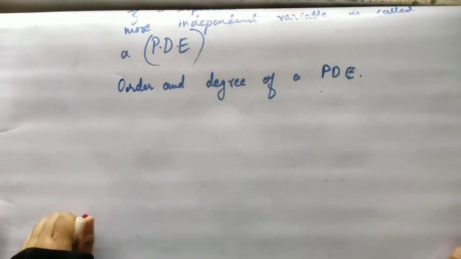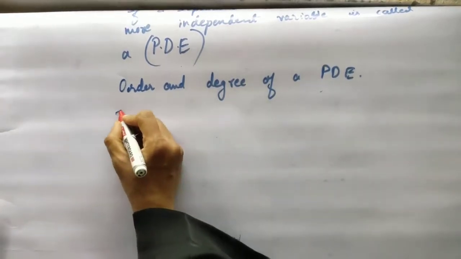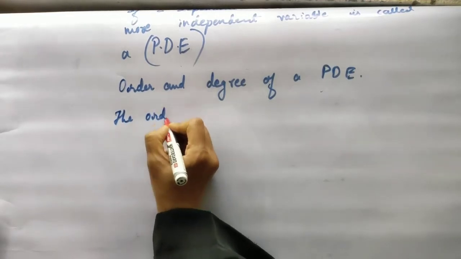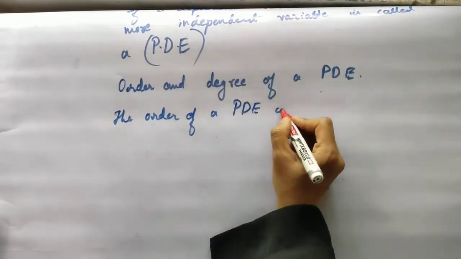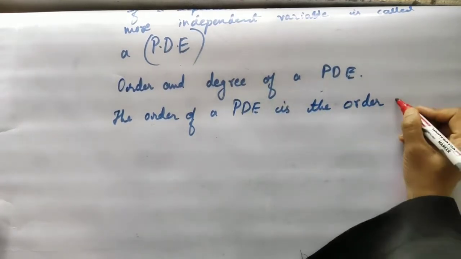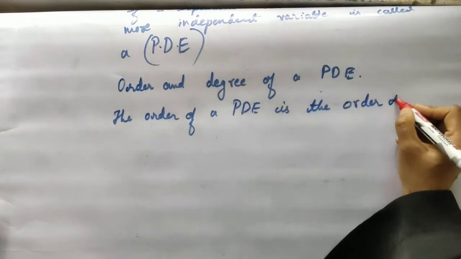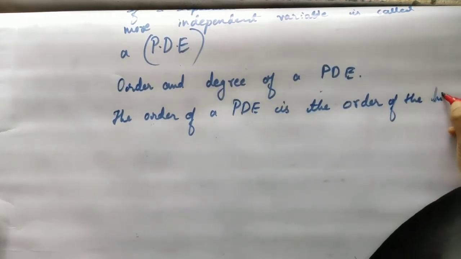Understand what the order and degree of a PDE are. The order of a PDE is the order of the highest order derivative present in the equation.